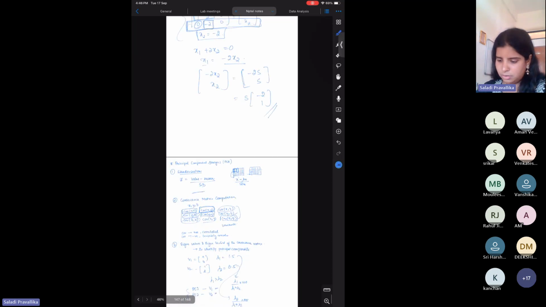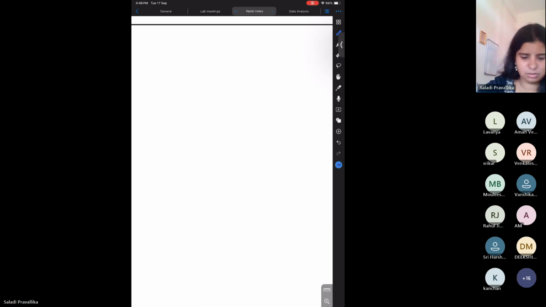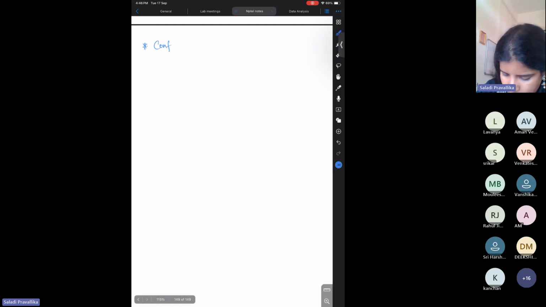So yeah, that is that. The other one that I wanted to cover was the confusion matrix for more than two classes, that is multi-class classification.